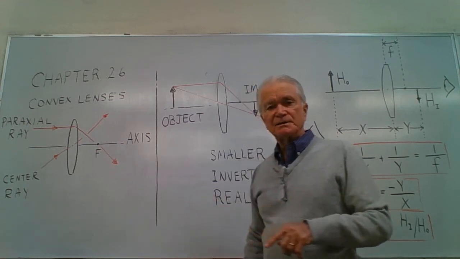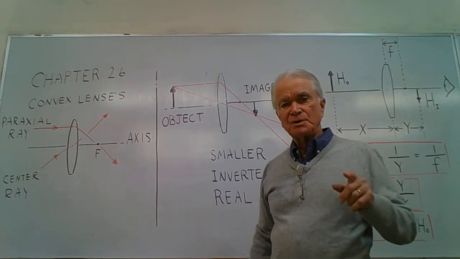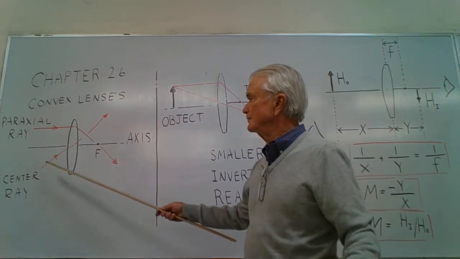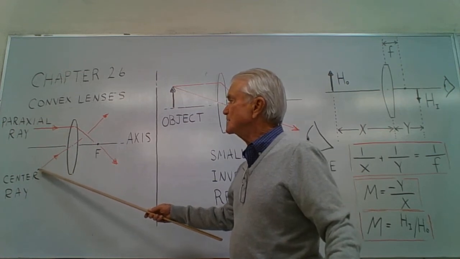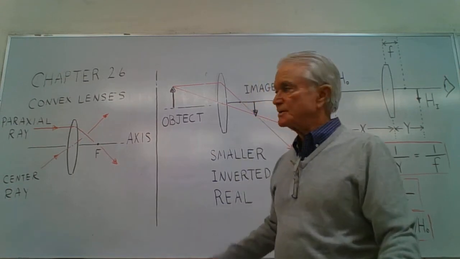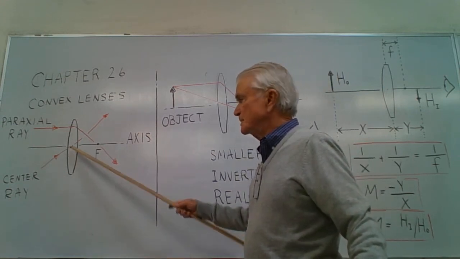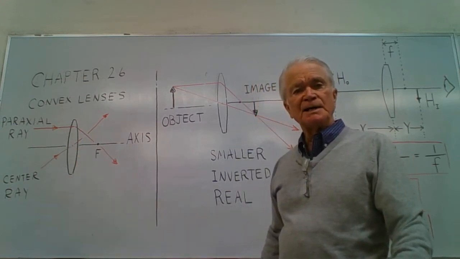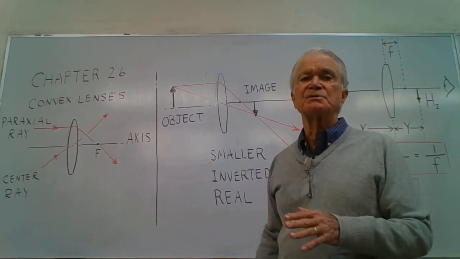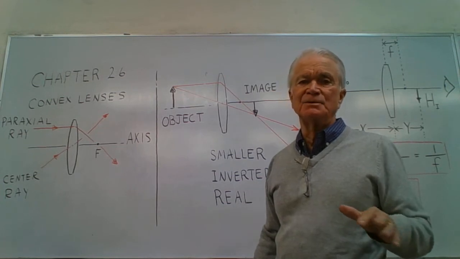A second important ray, a so-called special ray, is shown here. It's a ray of light that is aimed at the center of the lens. Any ray that's aimed at the center of the lens goes through the lens without being refracted, without being bent.